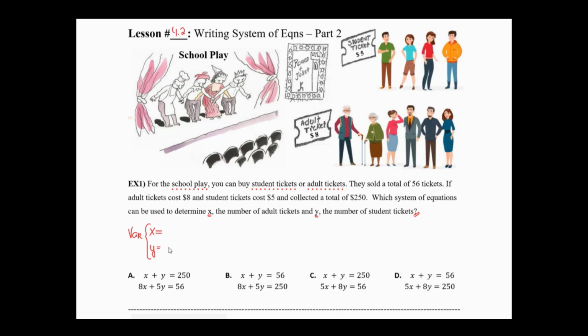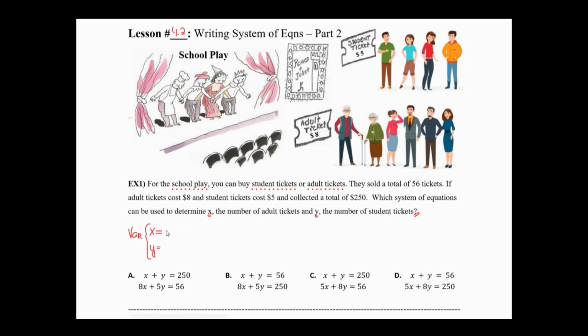Now, if you remember, last time I mentioned that sometimes they're going to give you letters that don't really match what they represent. For example, letter A would be a better choice to represent adult tickets, and letter S would be a better choice to represent student tickets. But here they decided to use X and Y, and that's okay.